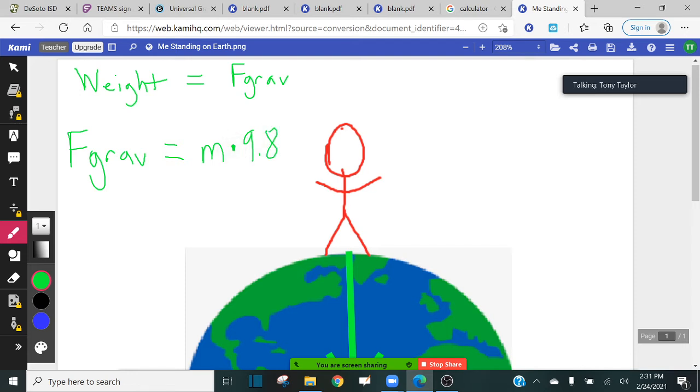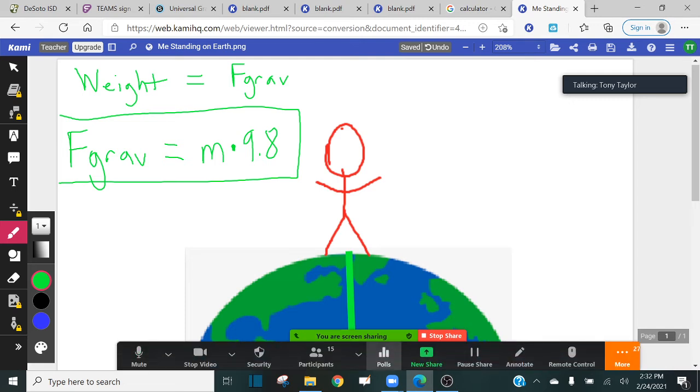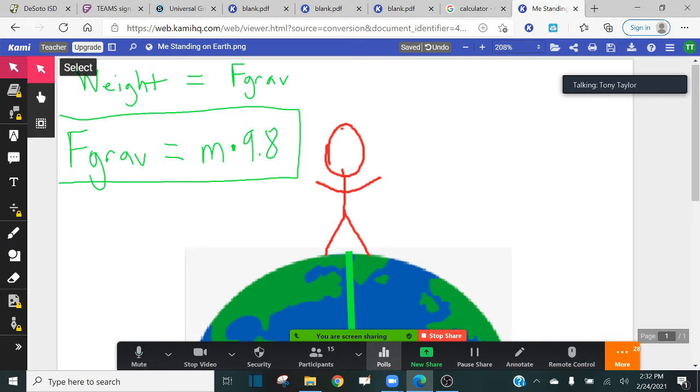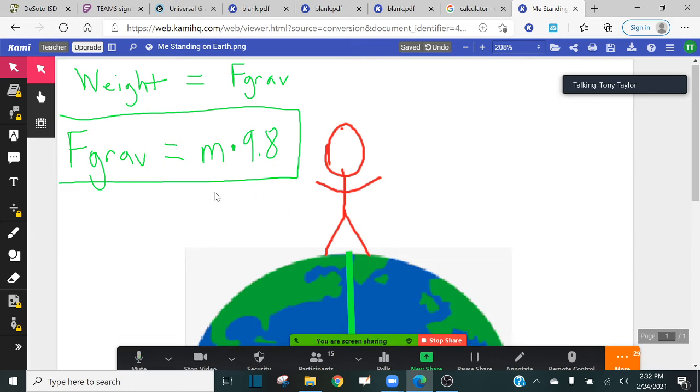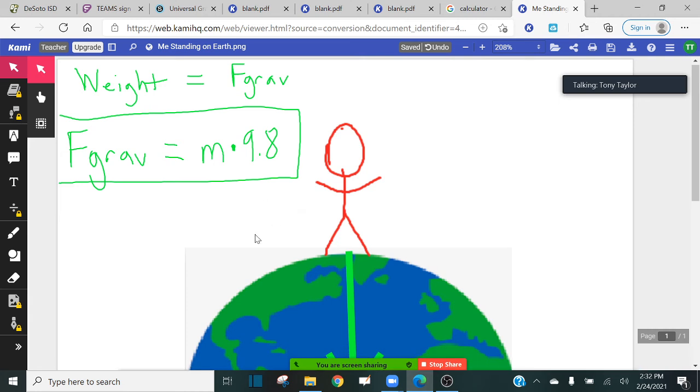Do you guys remember working with this equation last semester? Just know, whenever you're calculating the force of gravity here on Earth, you're just going to use this equation, which is the object's mass times 9.8.